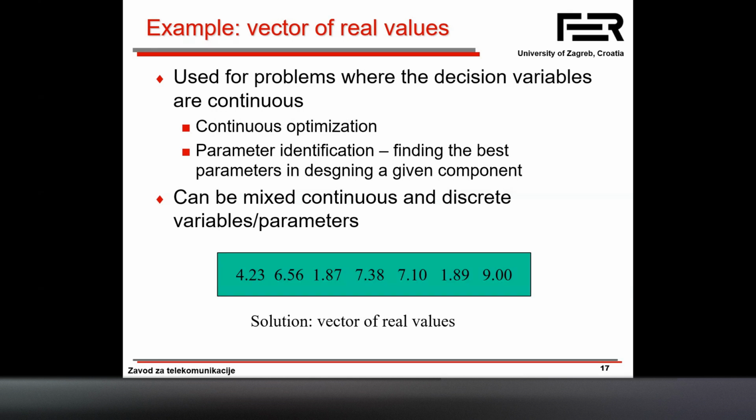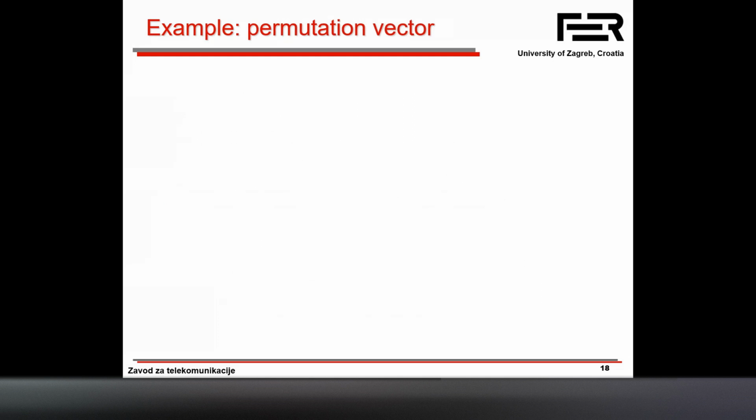And this can also be a mixture of continuous and discrete values or parameters. Again, this could be one representation of a solution. So each variable is assigned a real value, and then we can define how we're going to manipulate or search the solution space, given certain constraints.